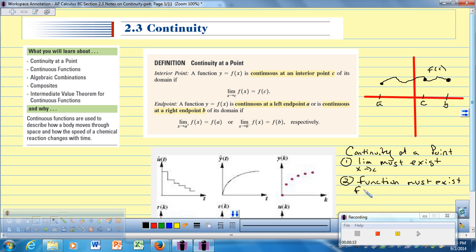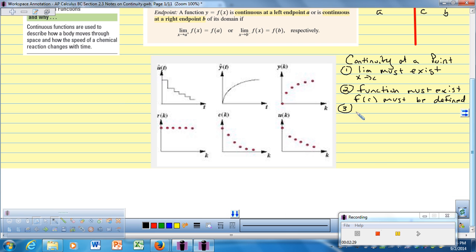That means f of C must be defined. And finally, the two must be equal. The limit as x approaches C of f of x must equal the function value f of C. So anytime I'm dealing with a problem where I'm asked about the continuity at a point, I address it in this way. I first check to see if the limit exists, if the function exists, and then if they are equal.